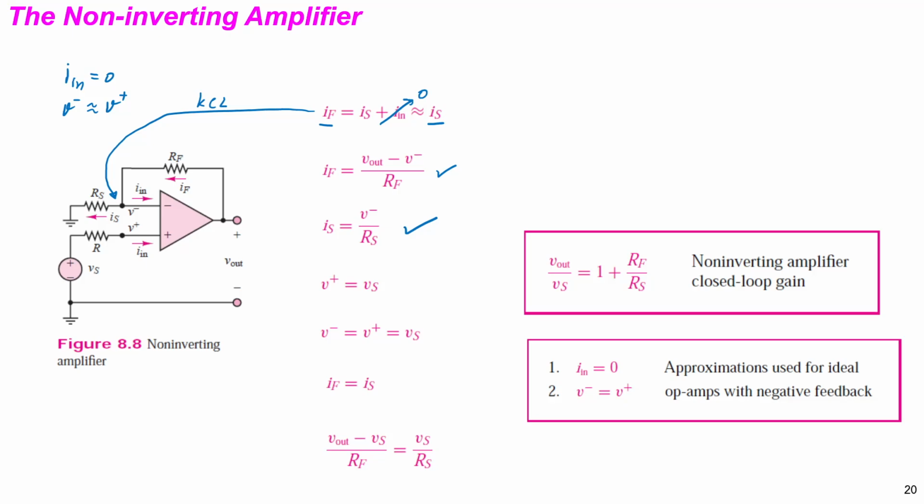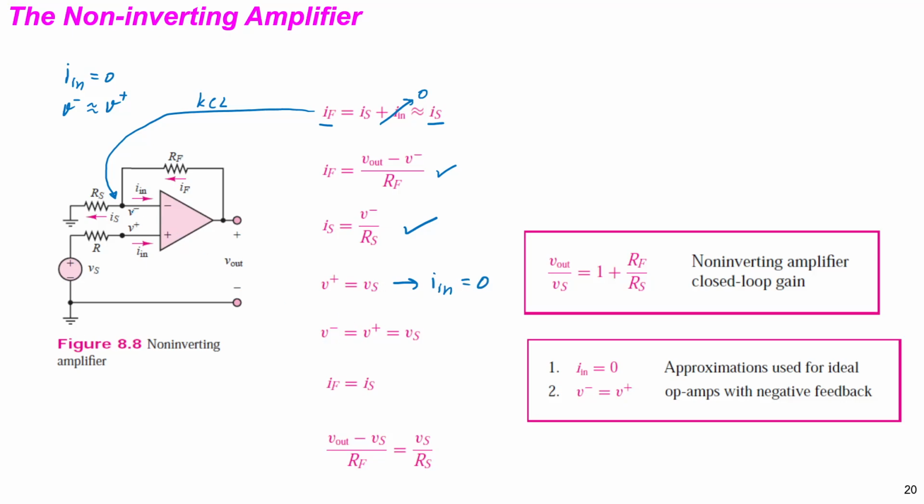IF is V out minus V negative divided by RF, and IS is V negative minus 0 divided by RS. And V positive is approximately Vs because no current flows; without current, V positive will be Vs, because I in is 0.